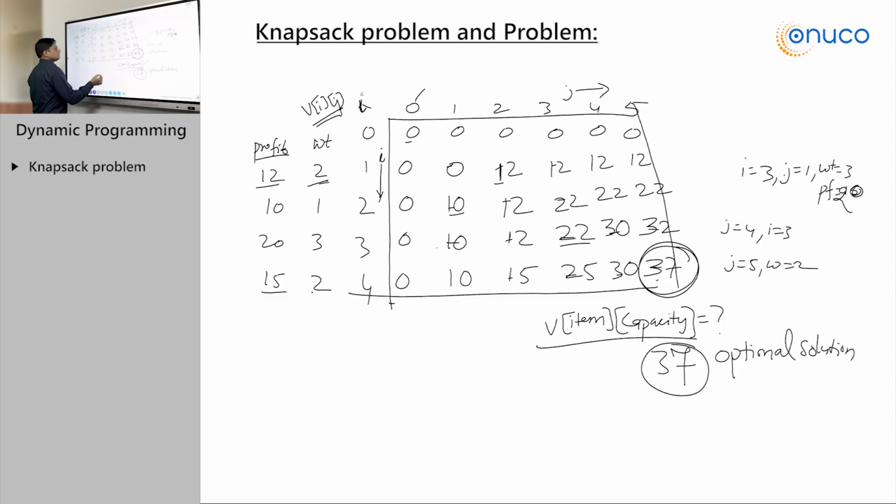And if you see what items you are going to select for the knapsack, it is the 4th element, then the 1st element, then the 2nd element. So if you add this 12, 10, 22 plus 15, it is 37. So 37 is the maximum profit and that is called the optimal solution.